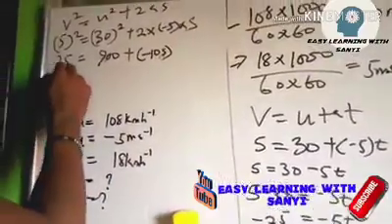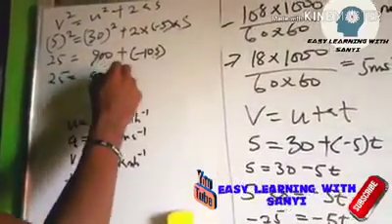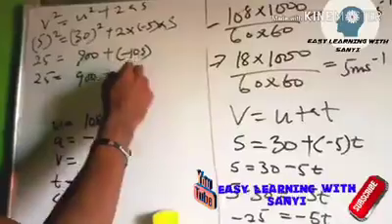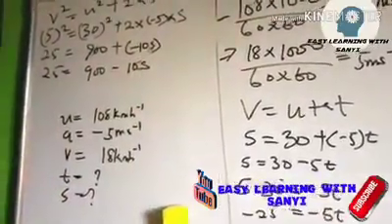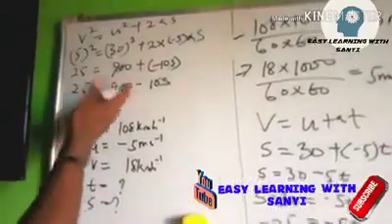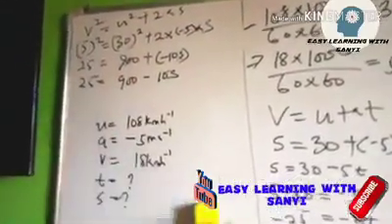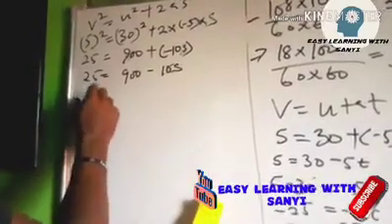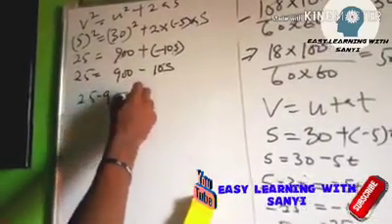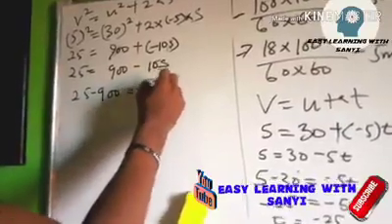So that will give you 25 is equals to 900 minus 10s. So from here now, this crosses over here. You have that 25 minus 900 is equals to minus 10s.